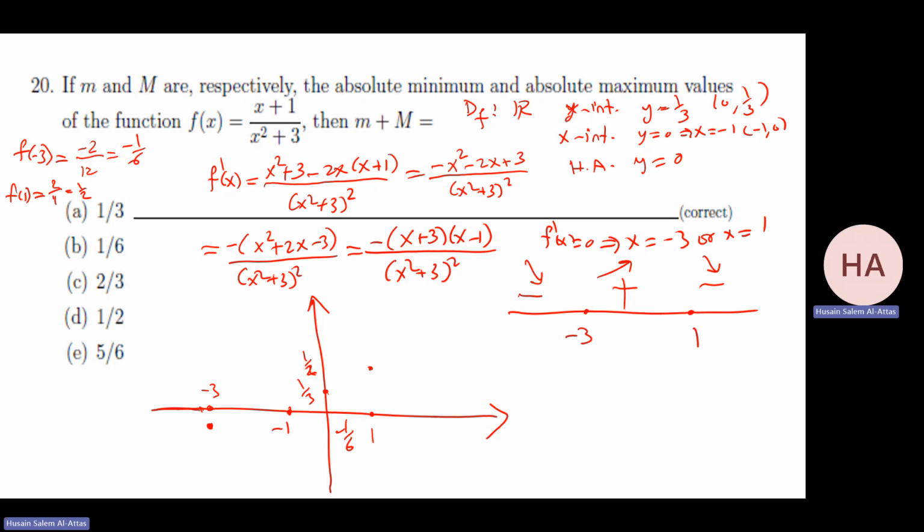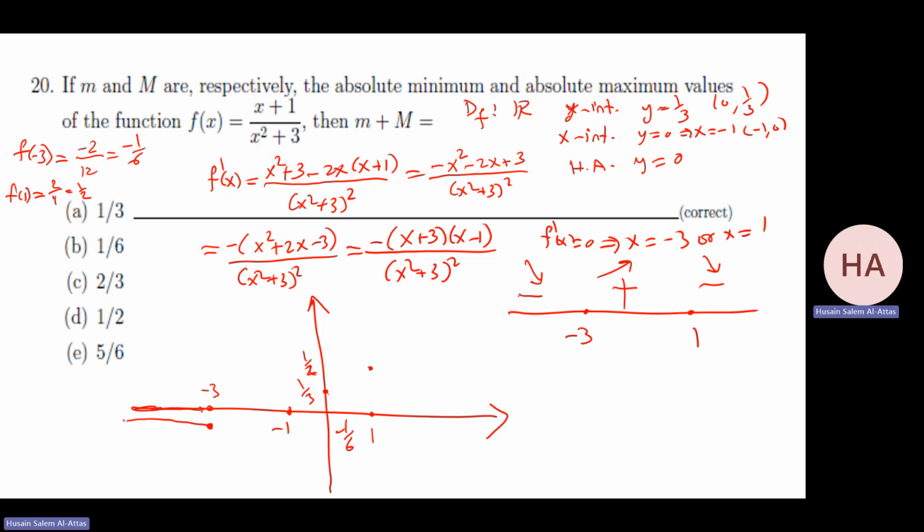It's decreasing from minus infinity to minus 3. It's a decreasing function. Okay. How to graph this? Decreasing from minus infinity up to this point, and I have the asymptote, so it will do something like this.